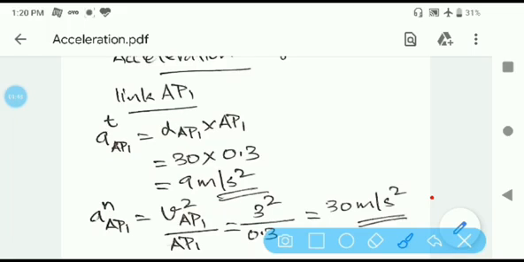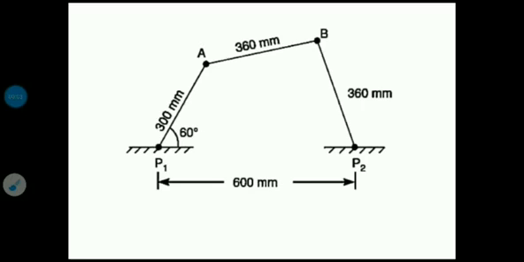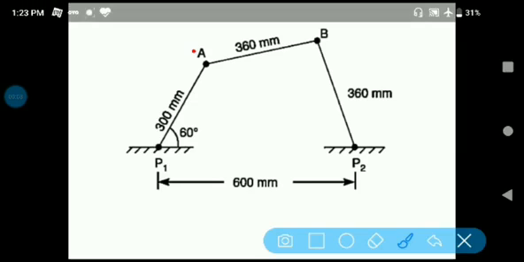normal component. Regarding the direction of the tangential and the normal component of acceleration of point A relative to P1, first we will try to understand the direction of the normal component. As we know, the normal component of acceleration will be directed towards the center point.